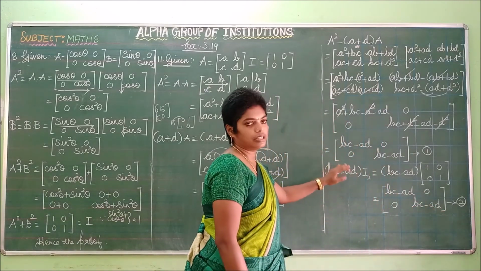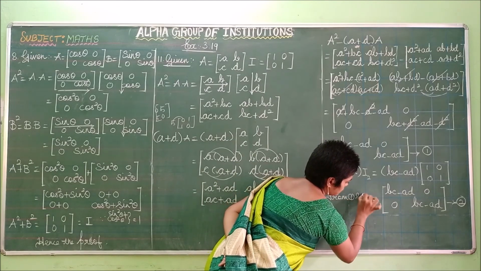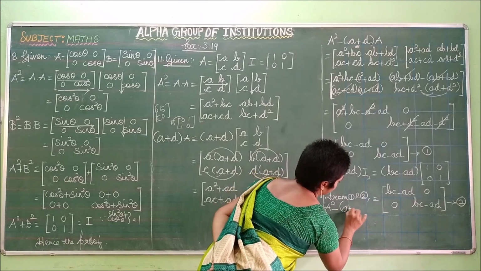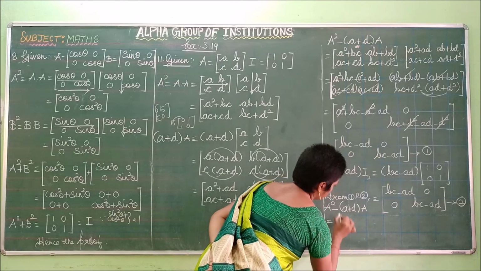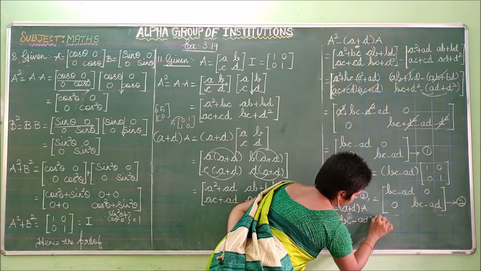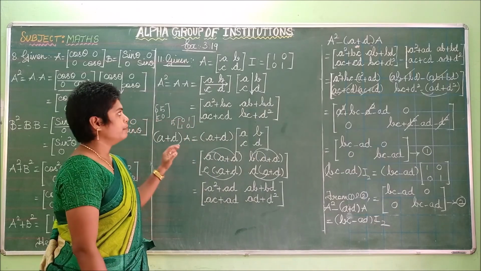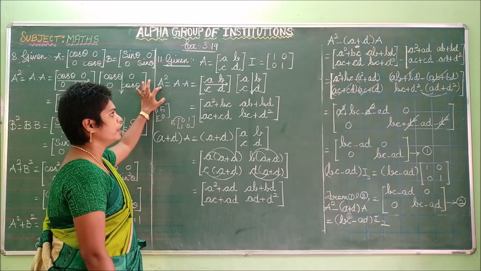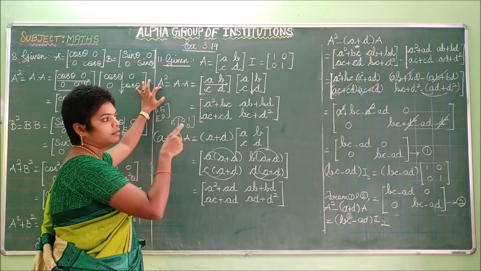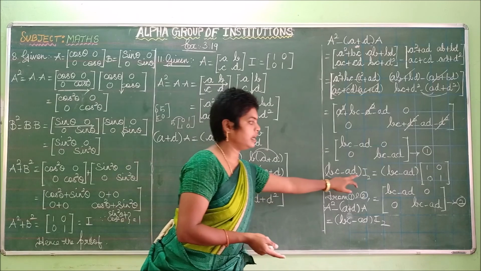So our LHS is equal to RHS, from 1 and 2. What is our LHS? A squared minus (a plus d) into A, which is equal to (bc minus ad) into I2. From this, they have given the A and I matrices. Here you have to find A squared minus (a plus d) into A, which is our LHS, and the RHS is (bc minus ad) I2.